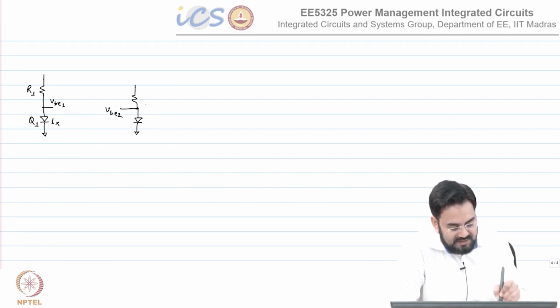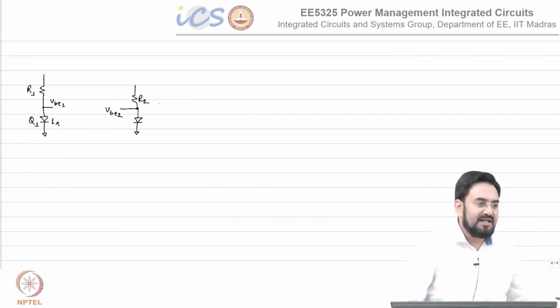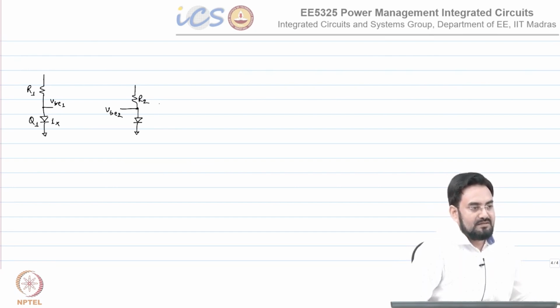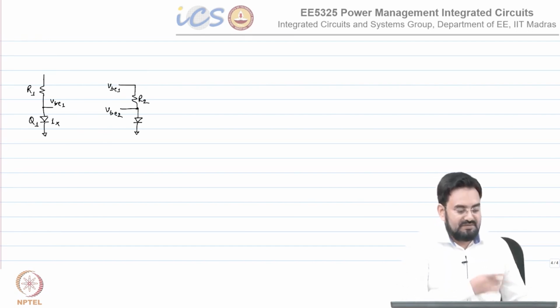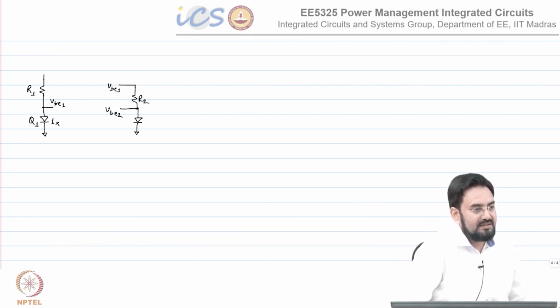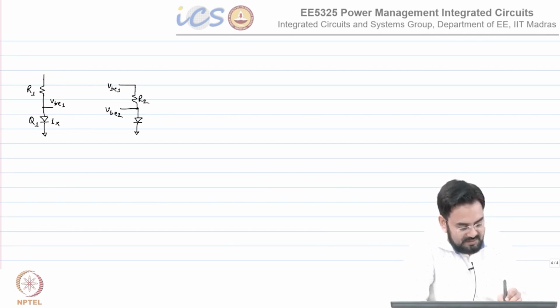So I want to generate the current in this resistor, if this is R2, to be delta VB by R. Which means this voltage should be VB1. If I make this VB1, then what would happen?